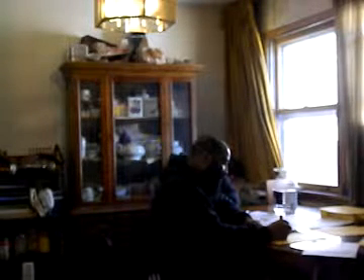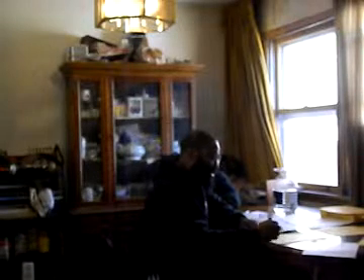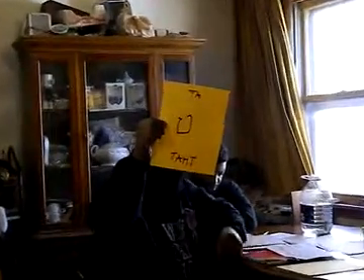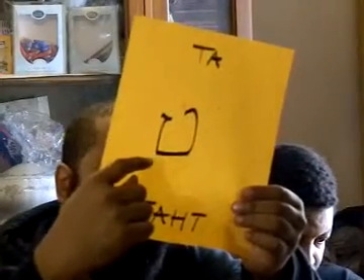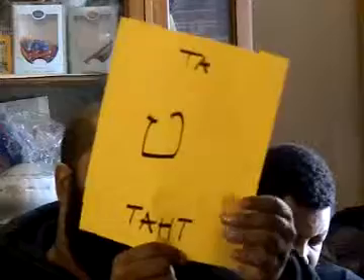What's the next letter? The ta. The ta. All right. And the ta is basically a little line here that goes, then one that goes down, up, around, and it loops.